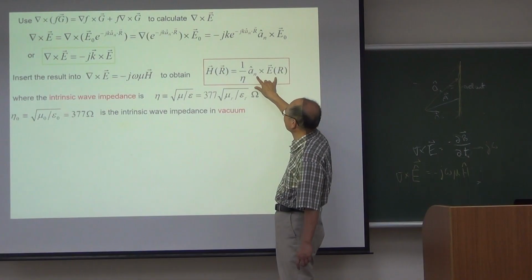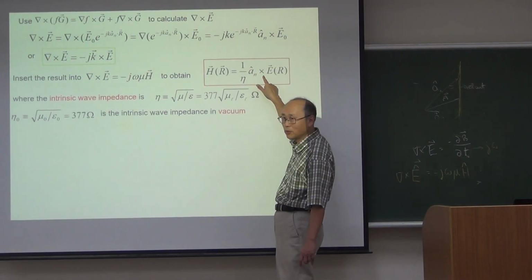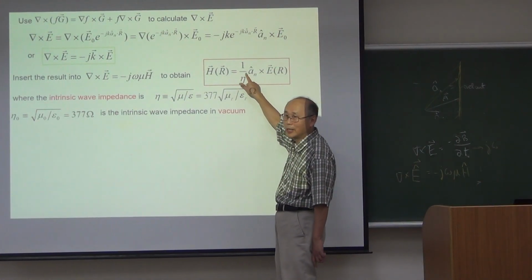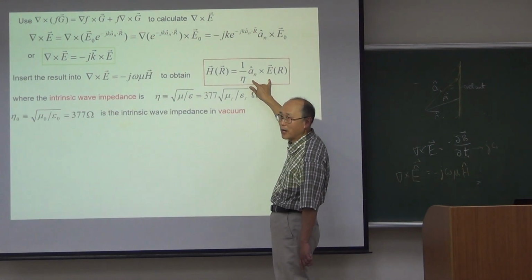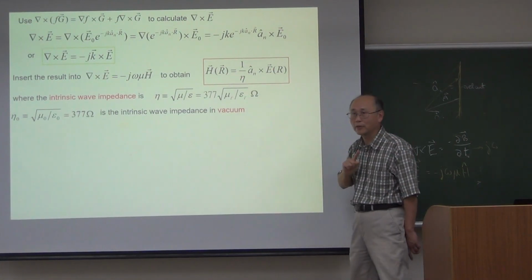It does not specify the direction between a_n and E. Remember, when you do this cross product, it tells you that H is perpendicular to a_n, and H is perpendicular to E, but there's no information about the direction between a_n and E. So be careful.